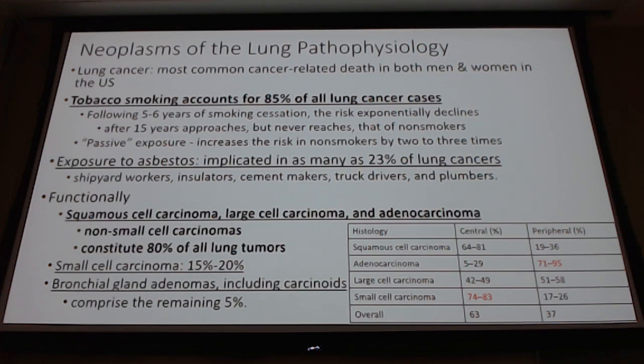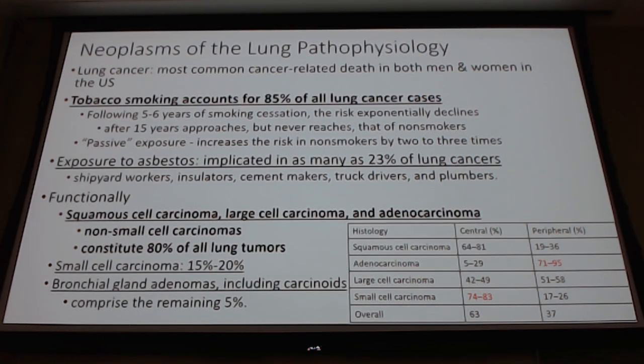80% of all lung cancers are squamous cell cancers, large cell carcinomas, and adenocarcinomas. So those are non-small cell. That's what I was getting at. Okay, so squamous cell carcinoma, large cell carcinomas, and adenocarcinomas are non-small cell carcinomas. They are 80% of all lung cancers.